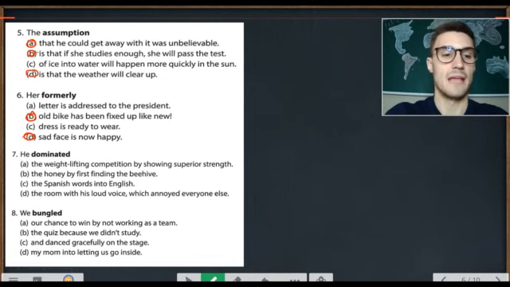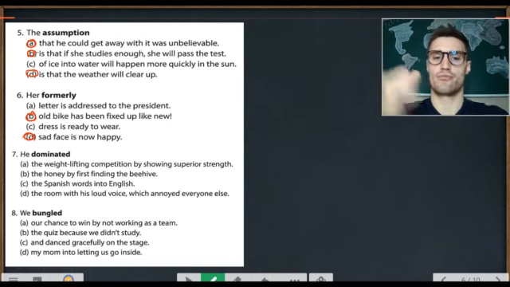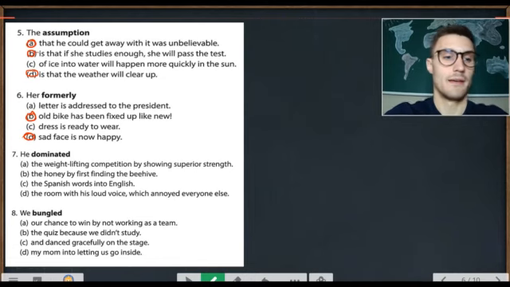Number 7. He dominated A. The weightlifting competition by showing superior strength. B. The honey by first finding the beehive. C. The Spanish words into English.